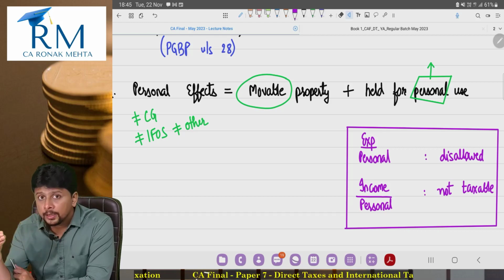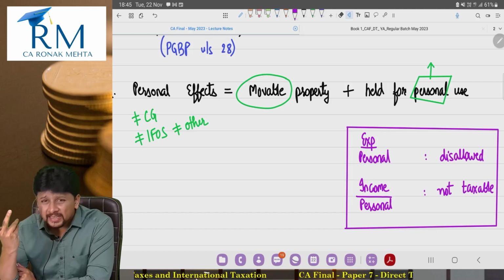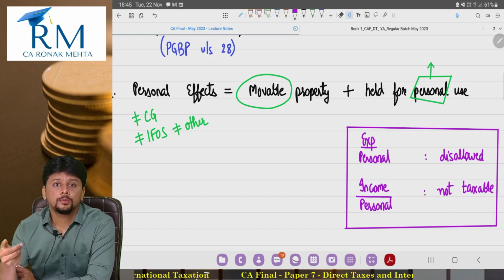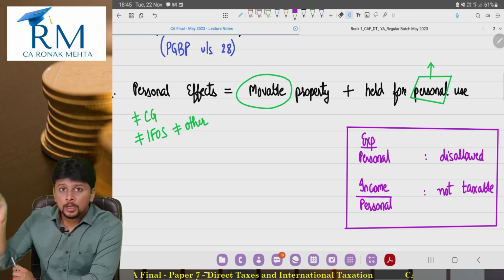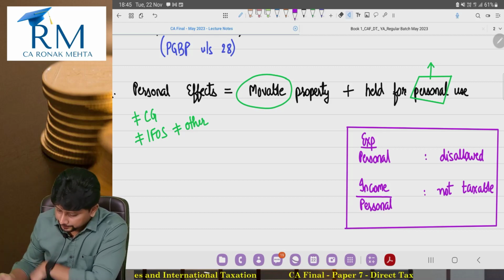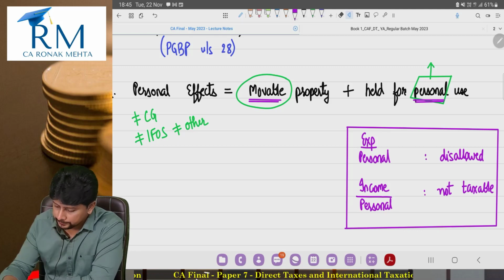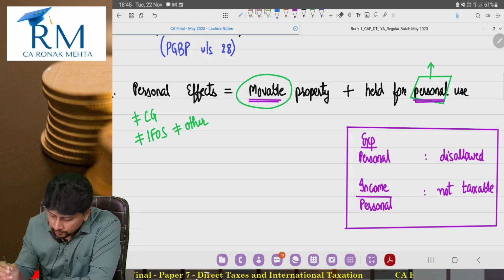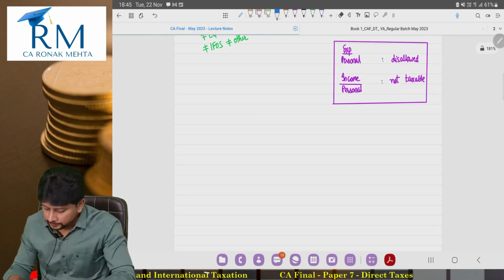If I incurred an expense for personal purposes, then that expense was not allowed, so the profit by selling that thing will not be taxable. Personal effects is movable property held for personal use. Okay, so somebody might analyze this definition like this also.